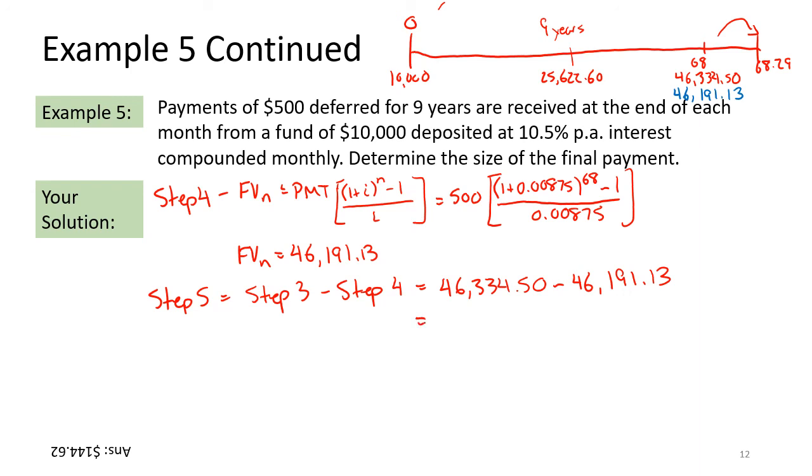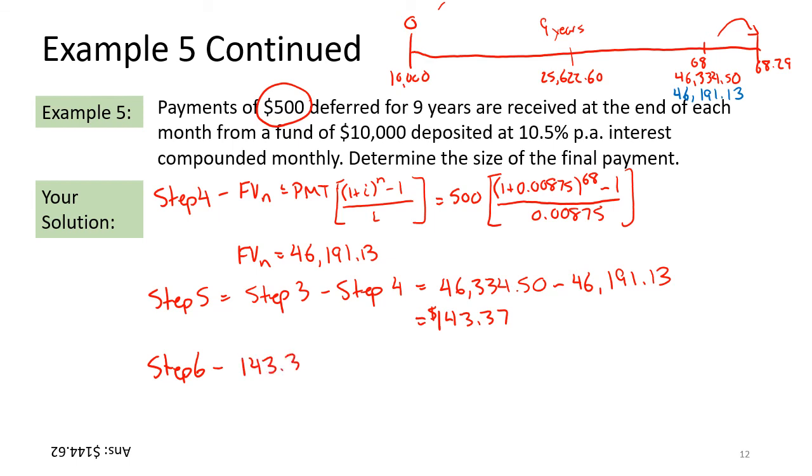And if you calculate that out, you get $143.37. So you can see it's far less than the $500 payment that you would have otherwise received. And again, remember, because payments are at the end of the period, this amount will still accumulate a little bit of interest. So our final step is to actually calculate including interest.